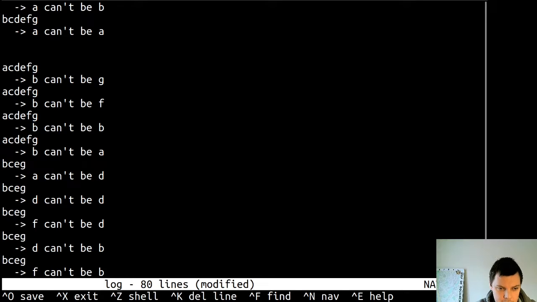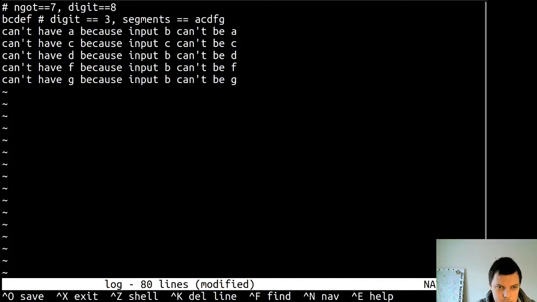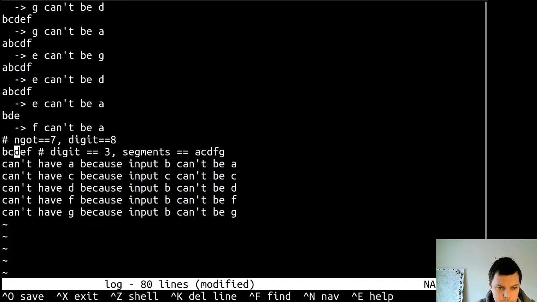B isn't A. B can't be D, F, or G. So we conclude, if we're after A, C, D, F, G, and B can't be A, D, F, or G, B equals C. Okay?